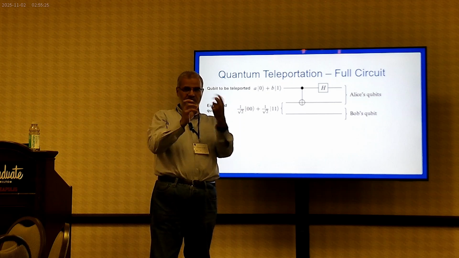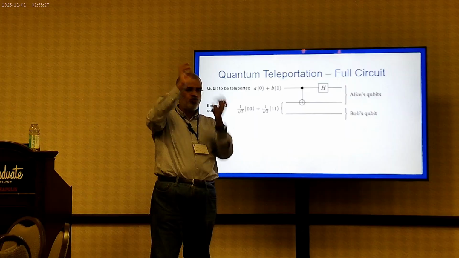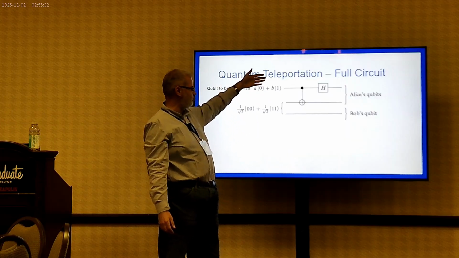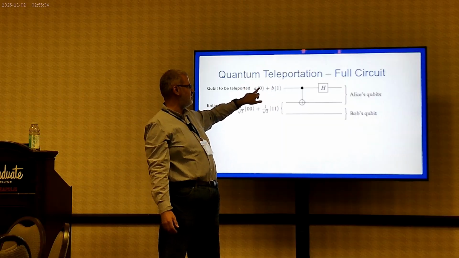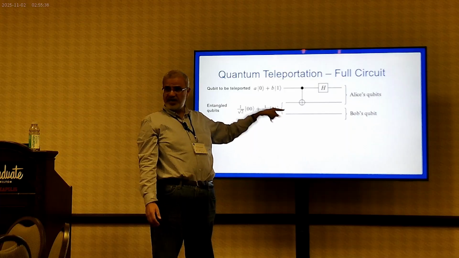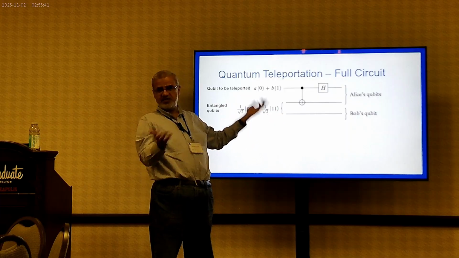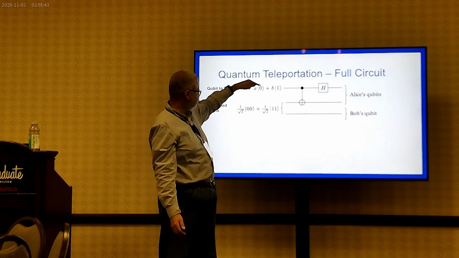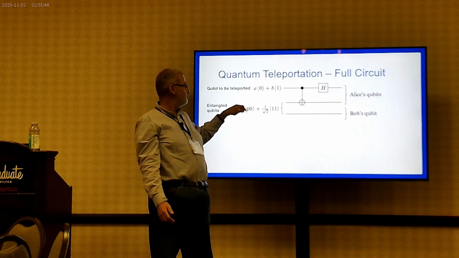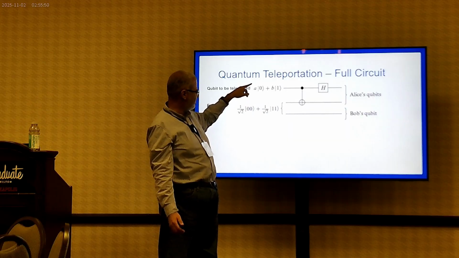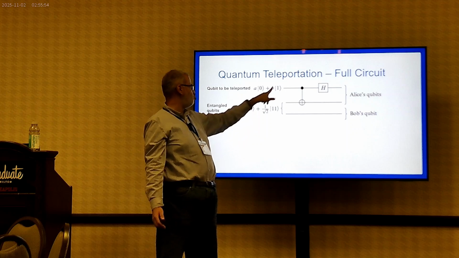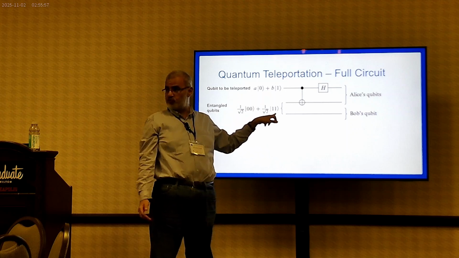But of course, what matters is the probability amplitude of each one of these states. So how do I get it? It's just like the joint probability between these two. If the first can be in state a0 plus b1 and the second can be in this state, I can do the distribution because we said it's a linear system. So the joint state is 0, 0, 0 with probability amplitude a over square root of 2, or 0, 1, 1 with a over square root of 2, or 1, 0, 0 with b over square root of 2, or 1, 1, 1 with b over square root of 2.